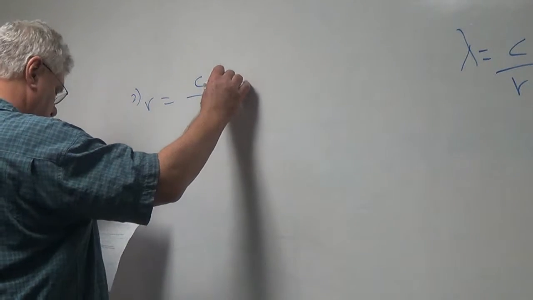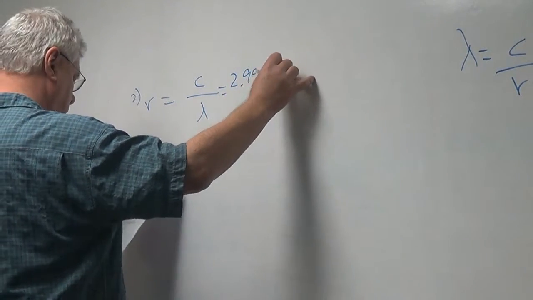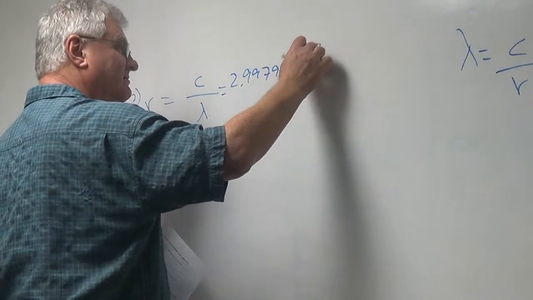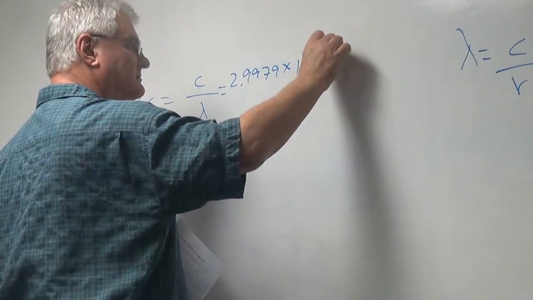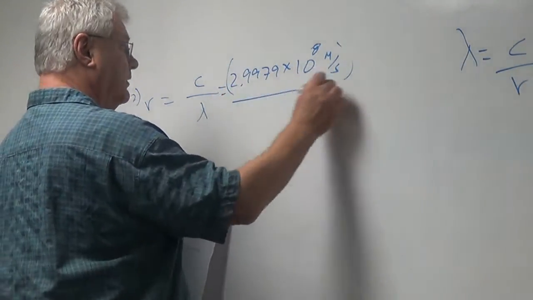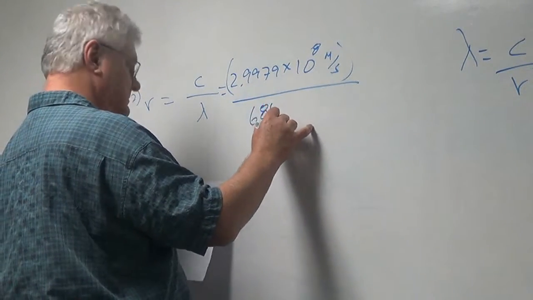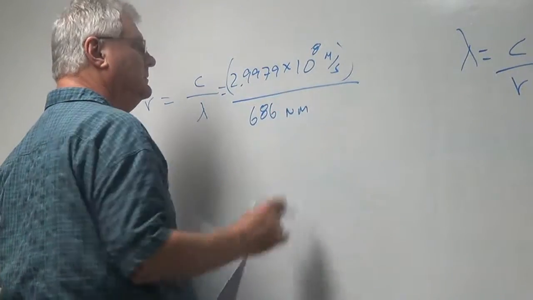So we have 2.9979 times 10 to the 8th meters per second, the speed of light. The wavelength we have is 686 nanometers.